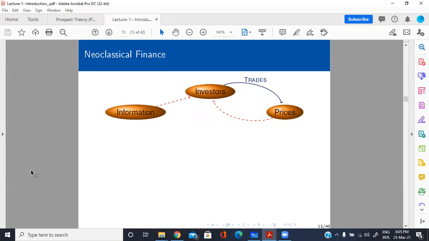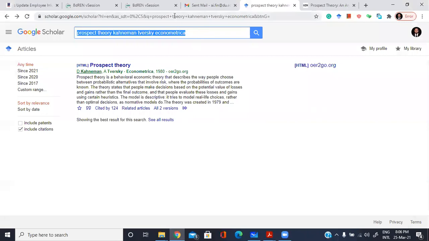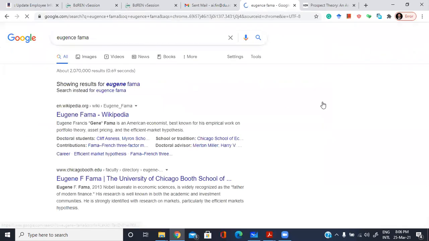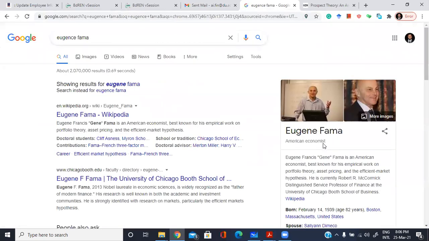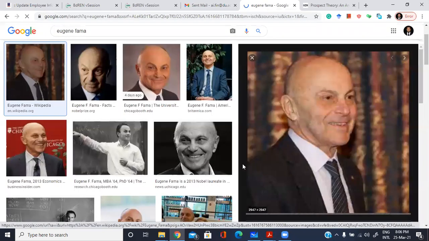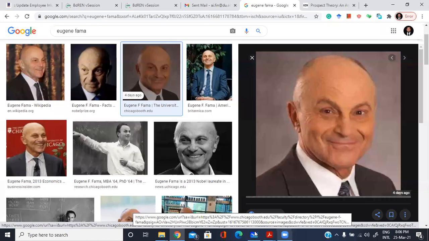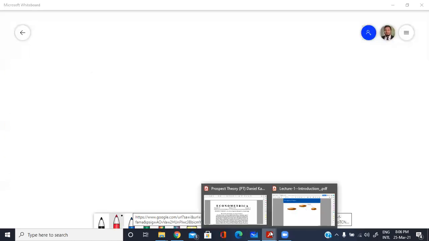Who first said that the market is efficient? Anyone? Sir, Fama French. Yeah. Have you seen this person's photo in your class? This person, Eugene Fama. So this is the person who first coined the concept that the market is efficient.